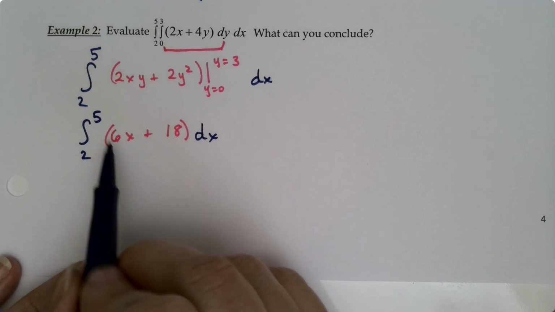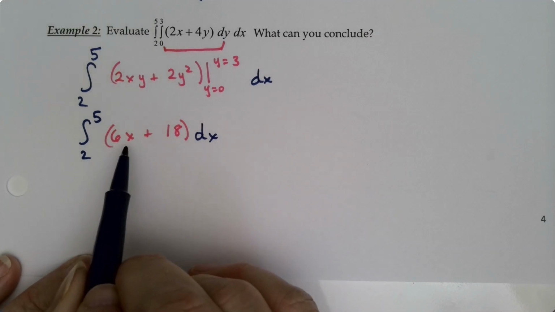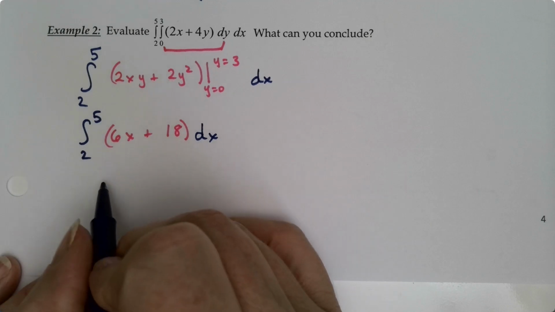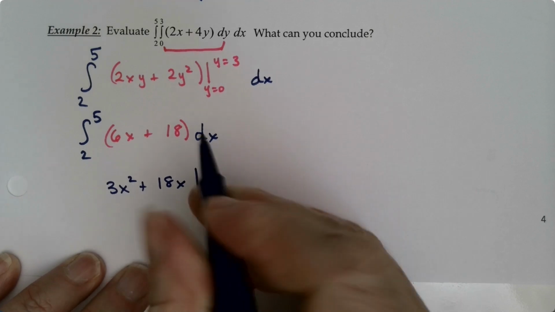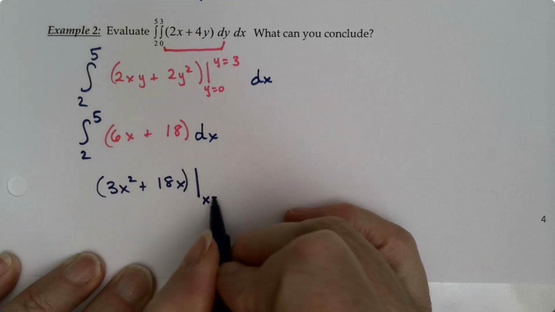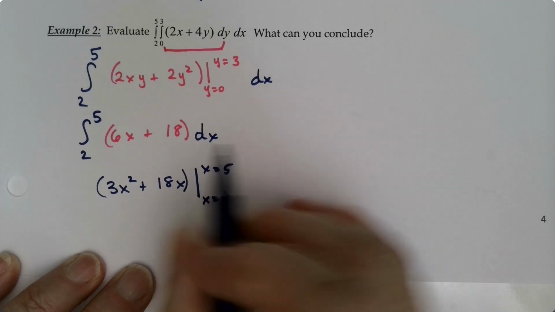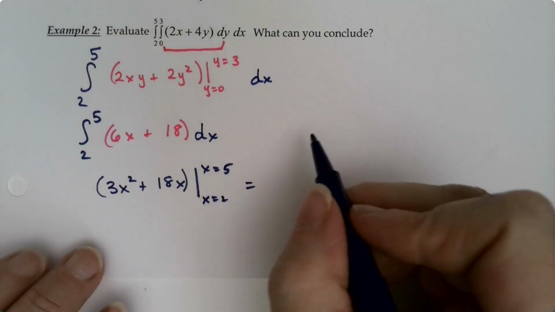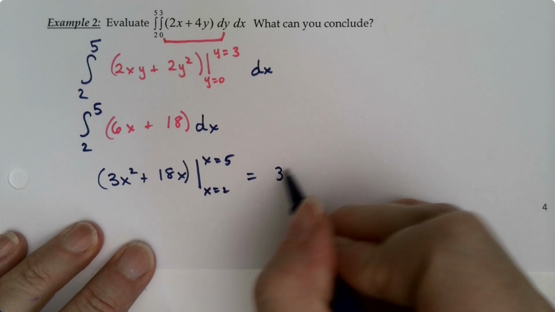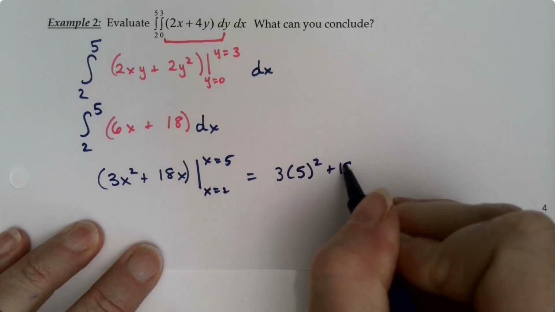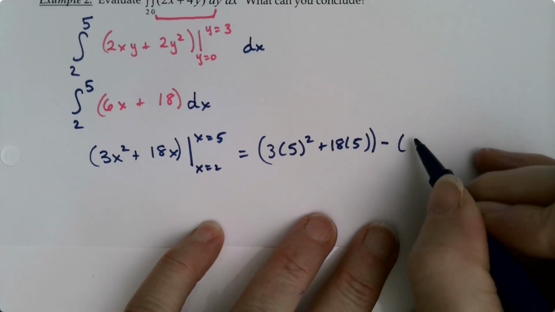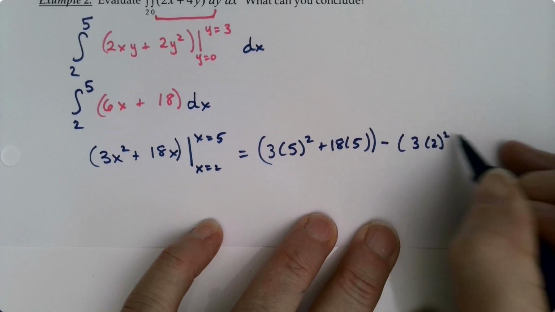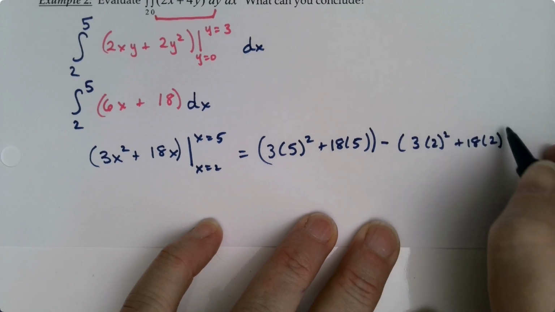And then, all right, now I'm going to integrate with respect to x. So that would be 3x squared plus 18x. I'm going to take that from x equals 2 to x equals 5, right? So that would be 3 times 5 squared plus 18 times 5, minus 3 times 2 squared plus 18 times 2.